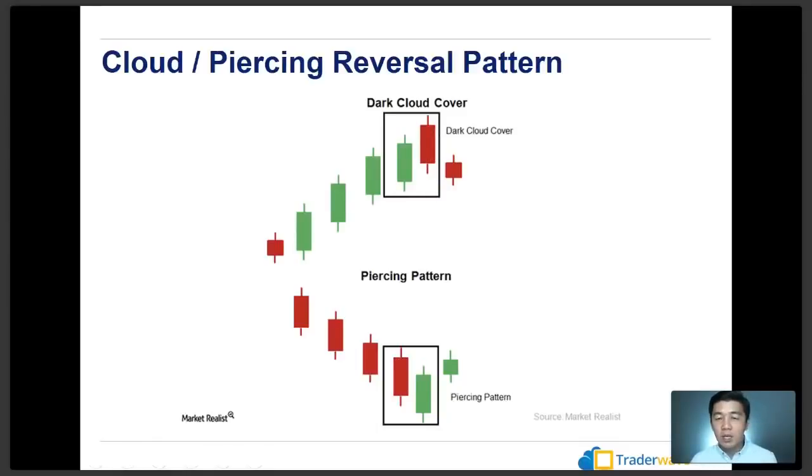Then finally, on the third day, the price closes lower than the second day. That's the confirmation, and it suggests that there's a good chance the reversal will happen from here and it will go down. And maybe we should look at having a short trade on this particular instrument.